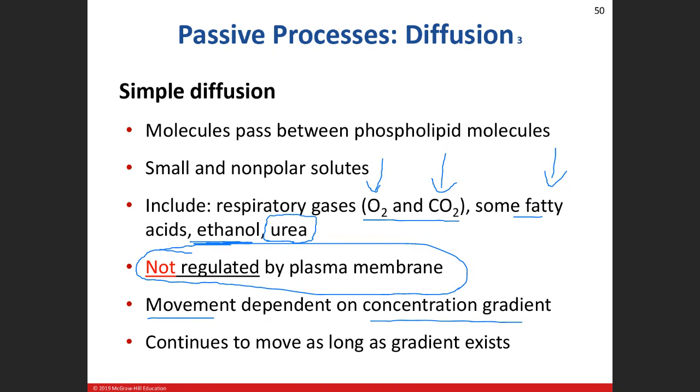When we talk about diffusion, it will only occur as long as there's a difference in the concentration gradient. Once that gradient ceases to exist, we've reached equilibrium, so there won't be any more diffusion.